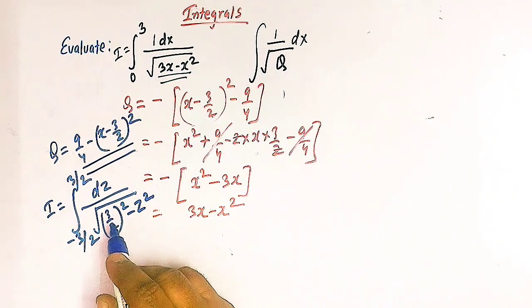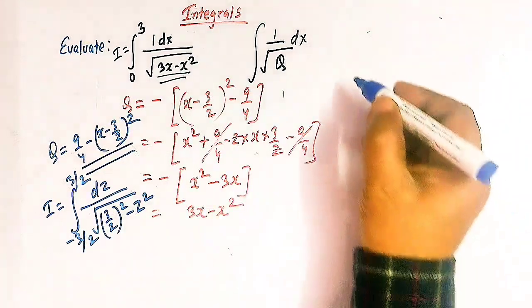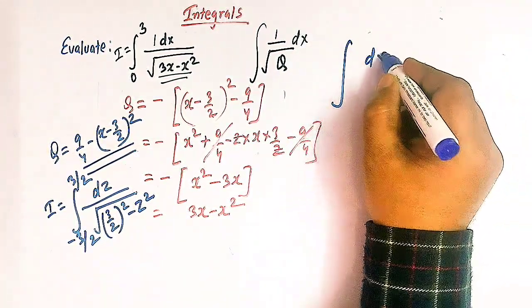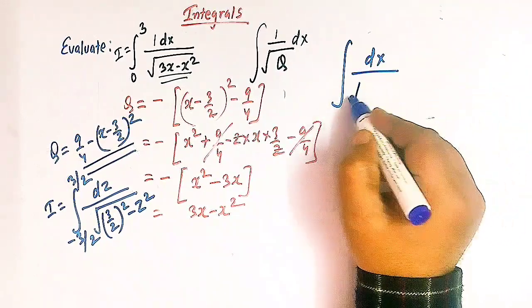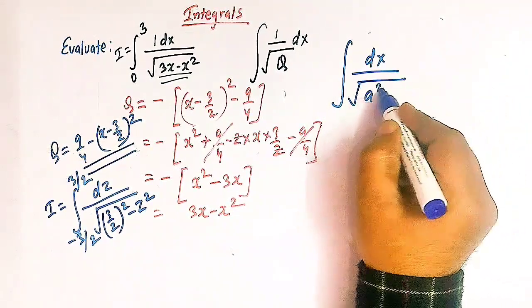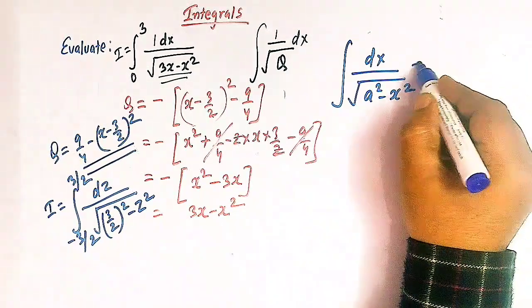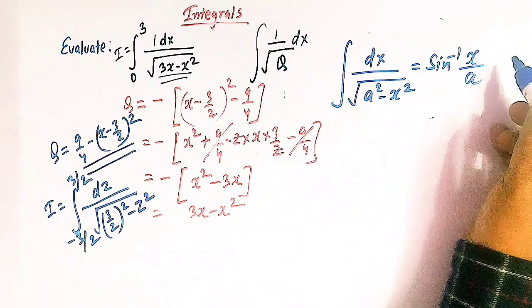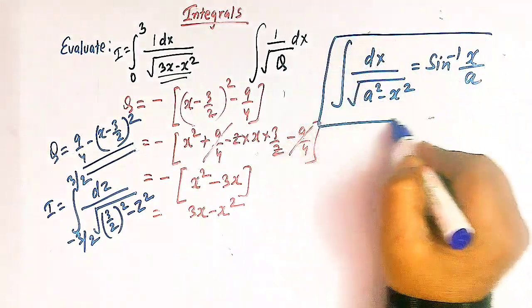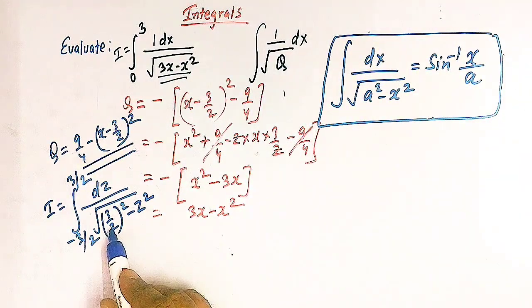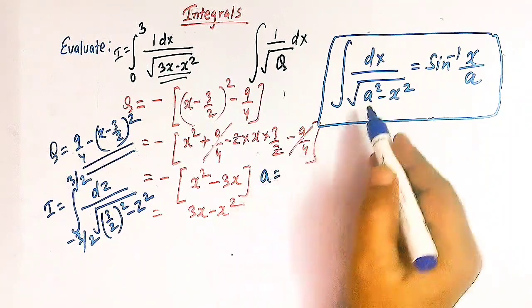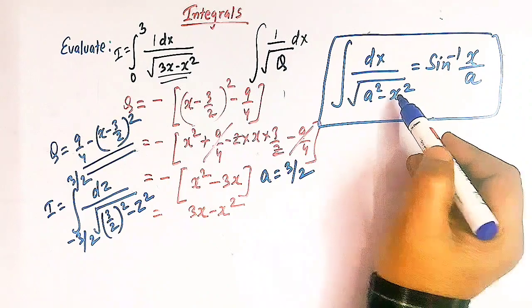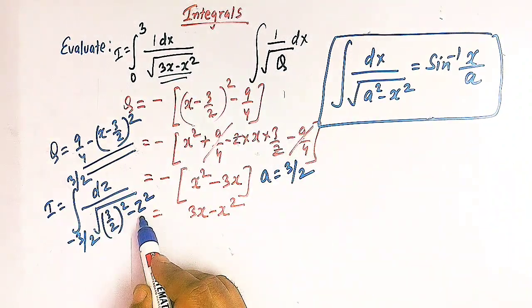So now to integrate this function, we will make use of a standard result. We know that the integral of dx over square root of a^2 minus x^2 is given by sine inverse of x over a. So this is a standard result here. We have a as 3/2, and the variable x is z here, right?